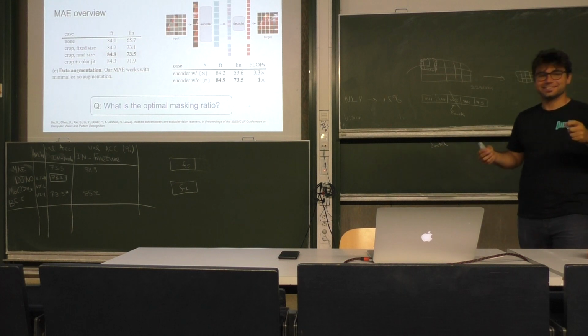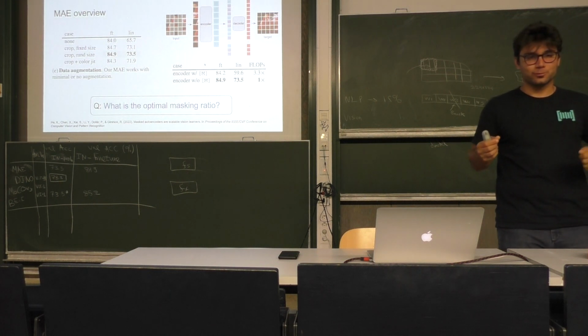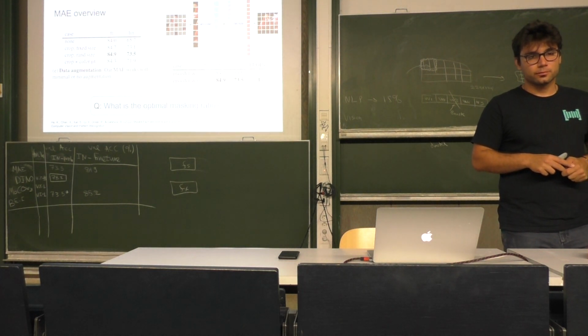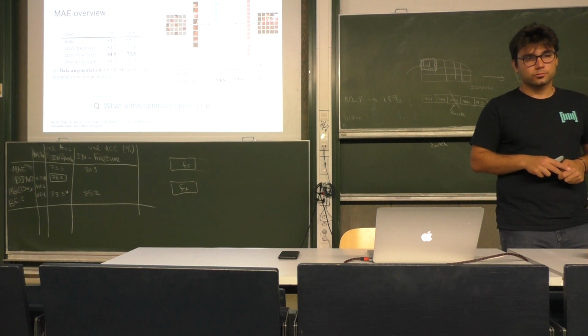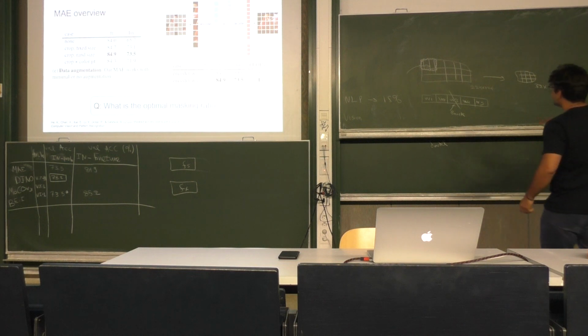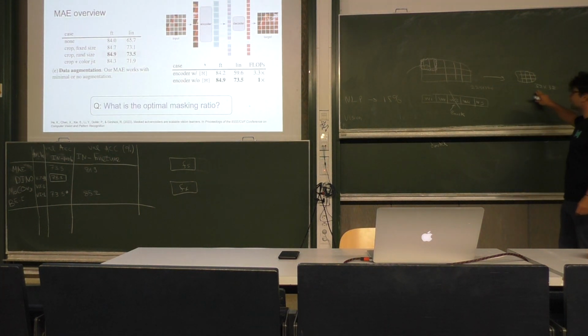Yes? No worries. So I can reduce the amount of information by a factor of 7, and I can still recognize as a human the same class.